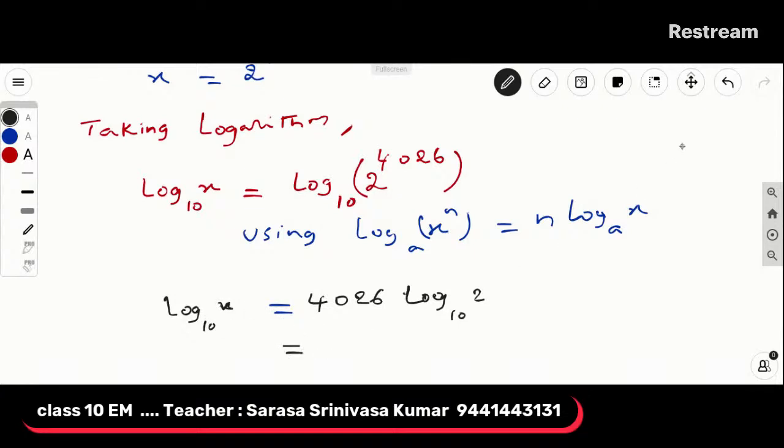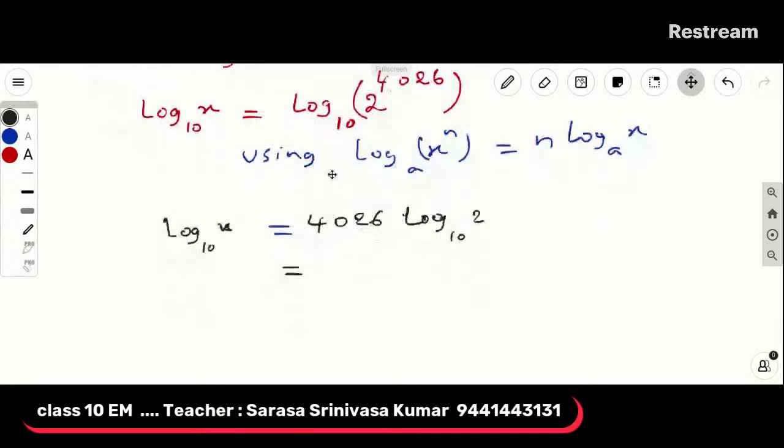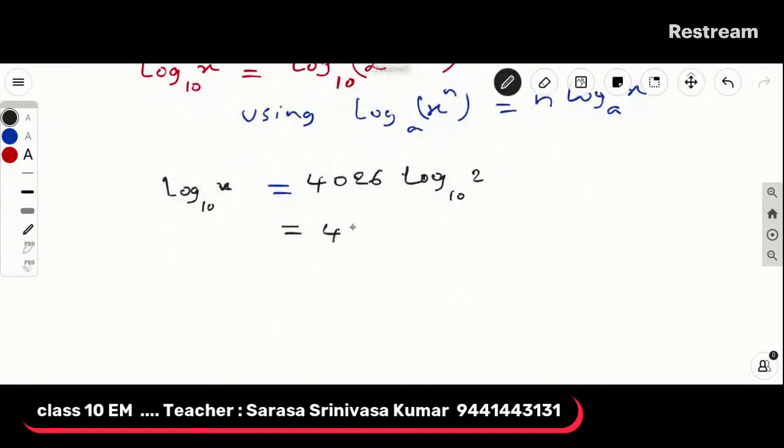This is equal to 4026 multiplied by, what is log 2? It is given 0.3010.